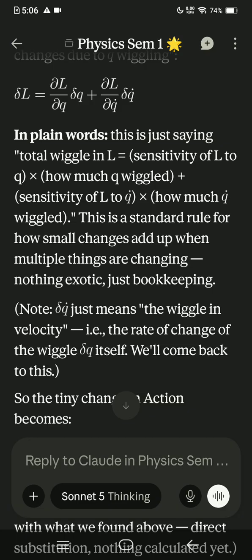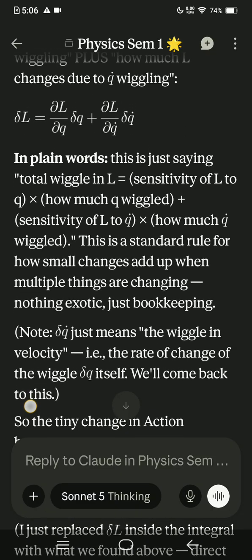Nothing exotic, just bookkeeping. Delta q dot just means the wiggle in velocity, in essence the rate of change of the wiggle del q itself. We will come back to this.